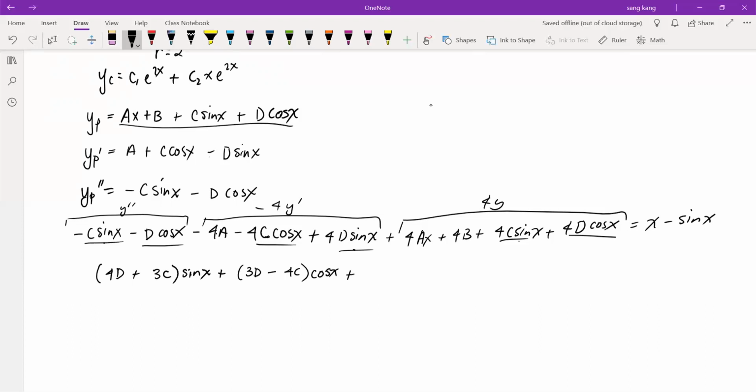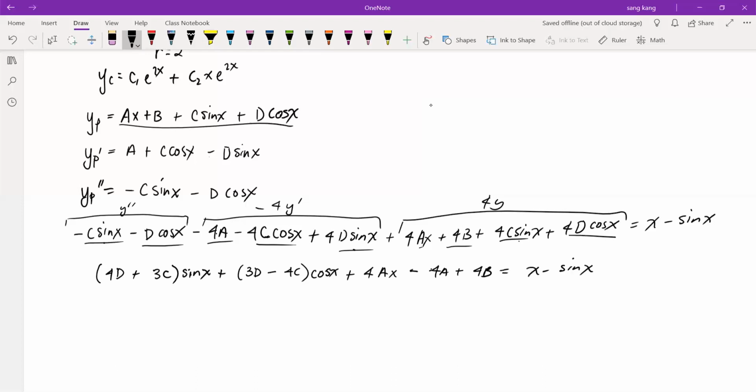I'll group all of the, well, there's only one ax term, so 4ax. And I can group all of the constants, which are minus 4a plus 4b. We should have a minus here. Okay, and this still equals x minus sine x.